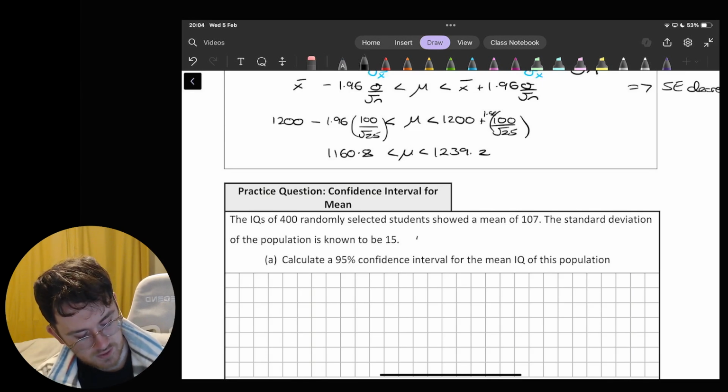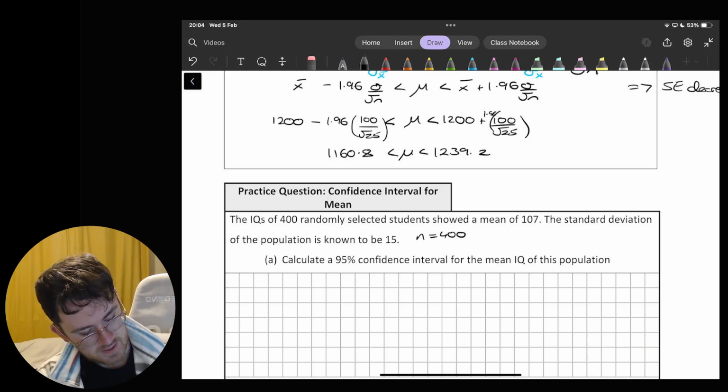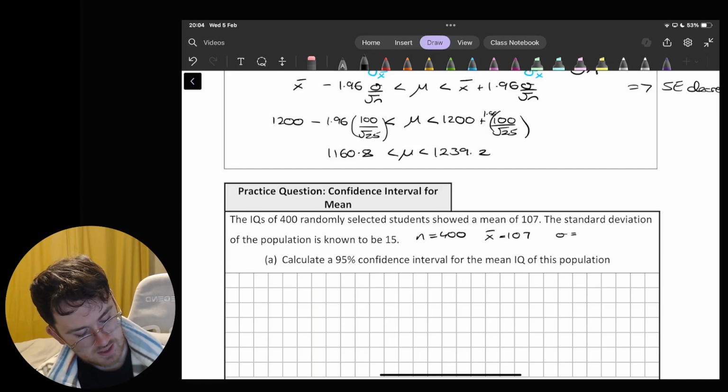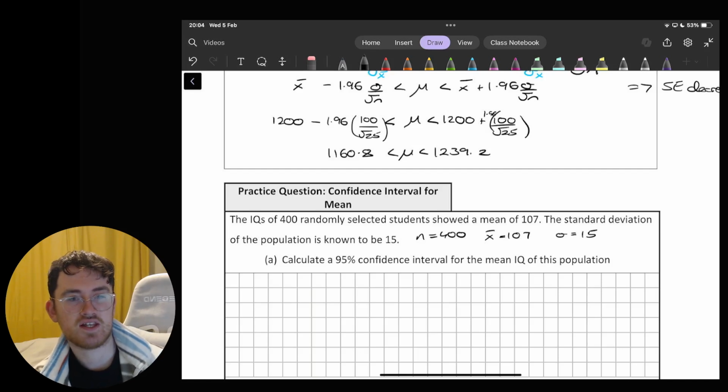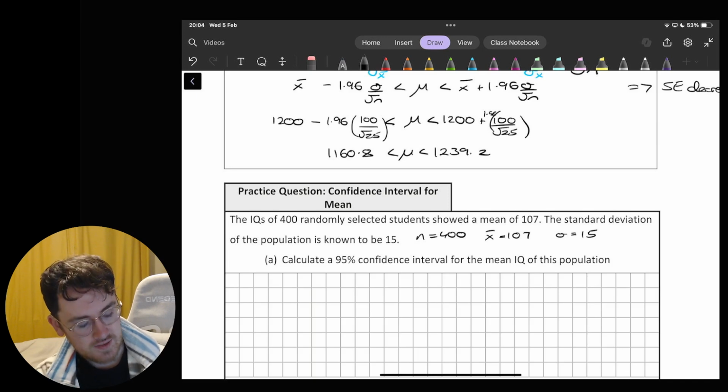So let's fill out what we know. N is 400. The mean X bar is 107. The standard deviation of the population is 15, so that's sigma. We're constructing a 95% confidence interval for the population mean.